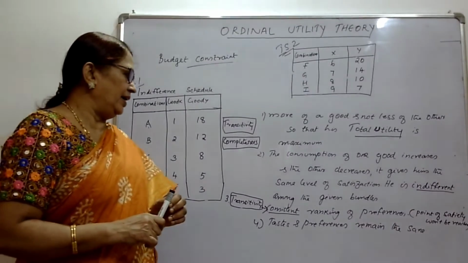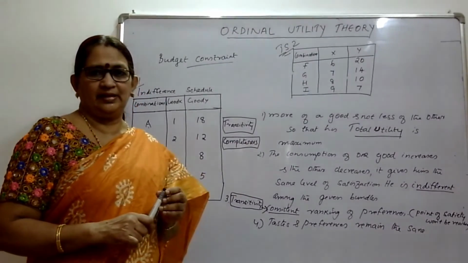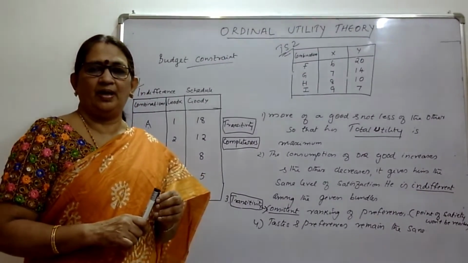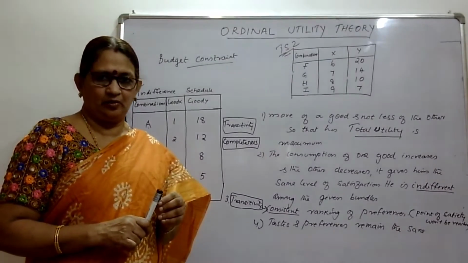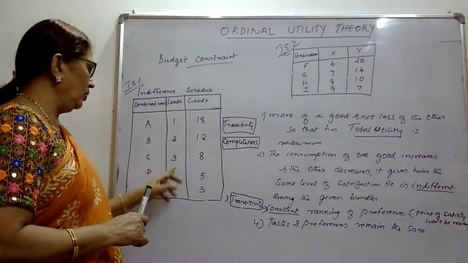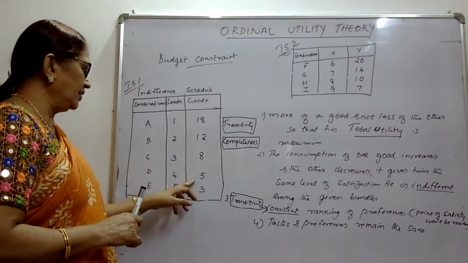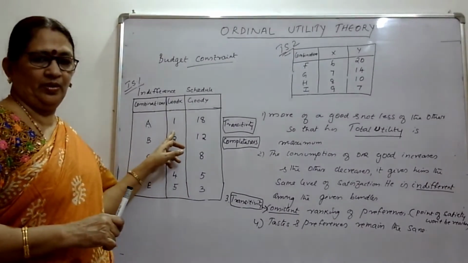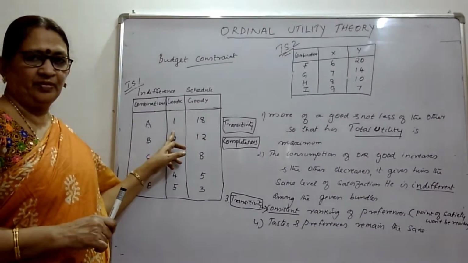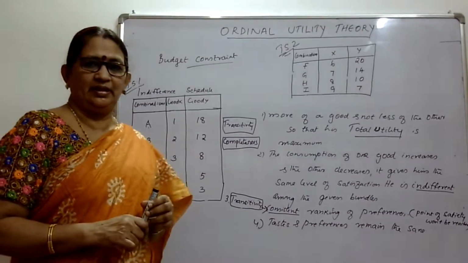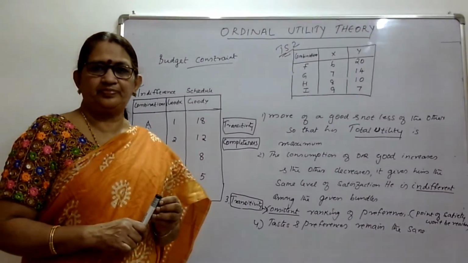Now, another assumption is the diminishing MRS, marginal rate of substitution. In order to consume one more unit of a commodity, the consumption of the other commodity is sacrificed.